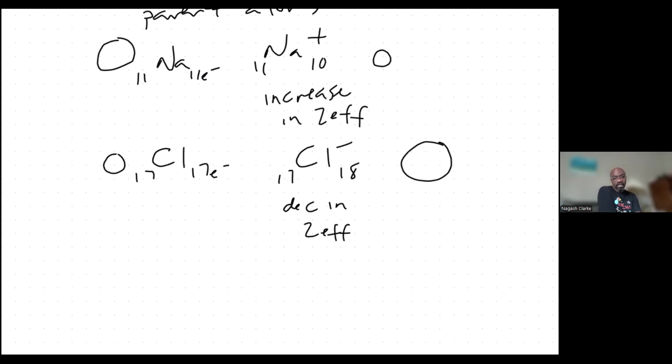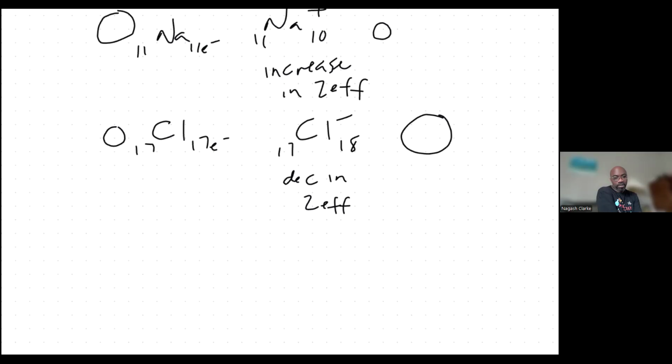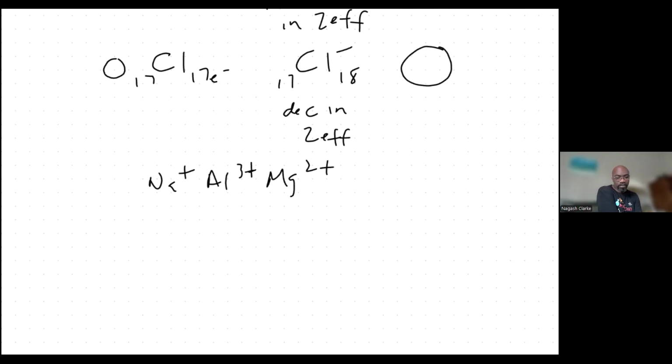If we rank cations, for example Na plus, Al3 plus, and Mg2 plus, how would I rank these in terms of size? The question is, which one has the most Zeff? The one with the bigger charge. Aluminum has 13 protons but only 10 electrons in the ion, so it has the most protons and the highest Zeff, making it the smallest.